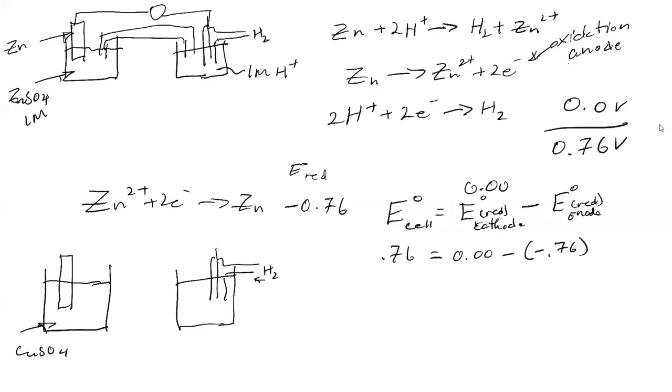Let's do that. Salt bridge. Hook this circuit up. And in this case, the reaction is going to go the other direction. So I'm going to have Cu2 plus reacting with H2.